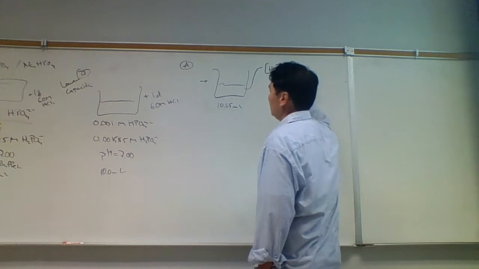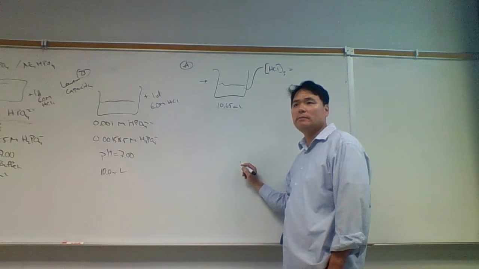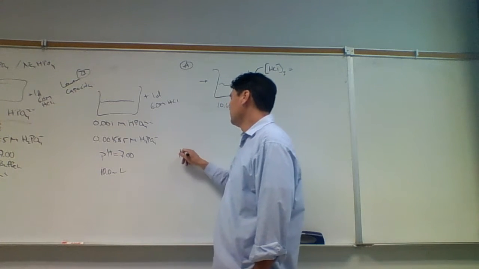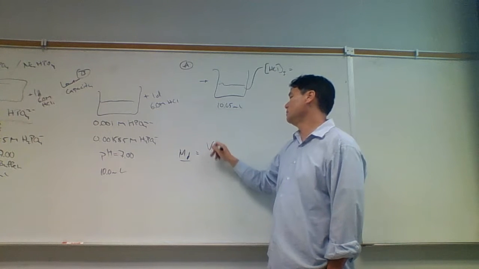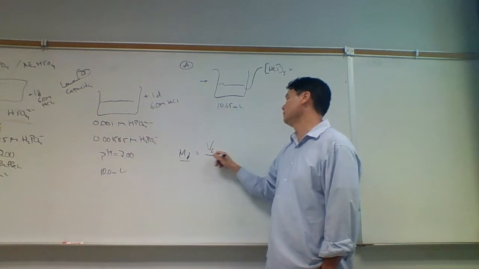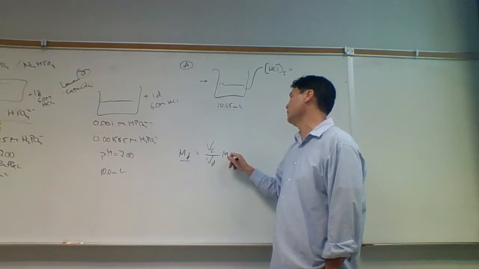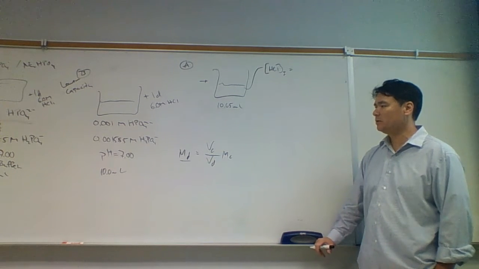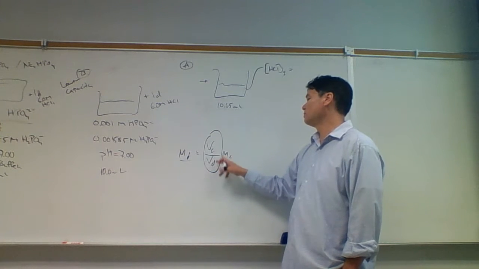Did I talk about the dilution factor already? You know about dilution factors? Solution dilution, we're looking at diluting. So the molarity of the dilute solution is equal to the volume of the concentrated solution divided by the volume of the dilute solution times the molarity of the concentrated solution. This is the M1V1 equals M2V2 equation. This fraction here is called the dilution factor.